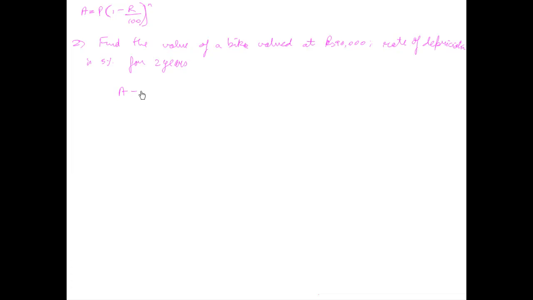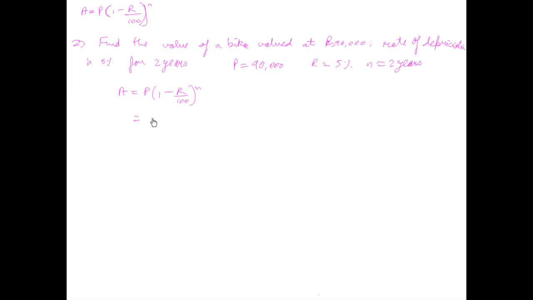So children, we take amount is equal to P(1 minus R upon 100) raised to power of N. That's the formula. Principal is rupees 90,000. Rate is 5%. N is 2 years.